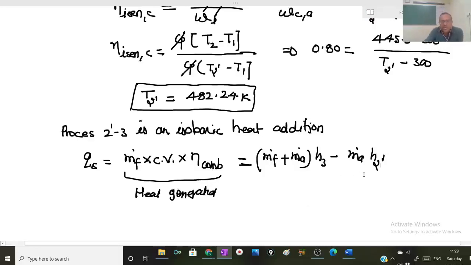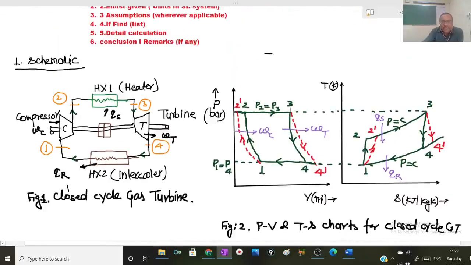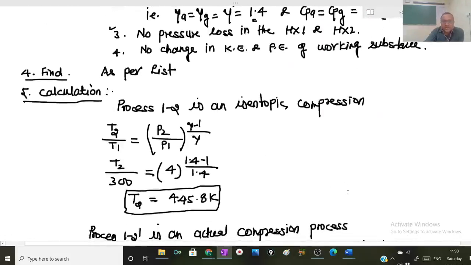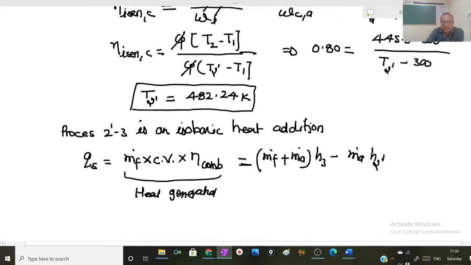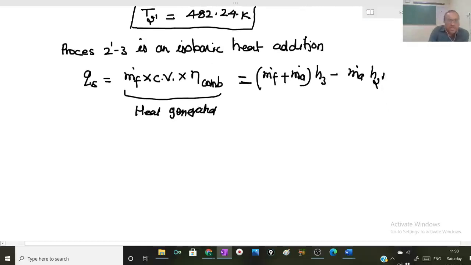So what is the logic behind this formula? The enthalpy at point 3 minus the enthalpy at point 2 dash will be the increase in enthalpy by the heat supplied in the heater. I have discussed this formula. Let's say this is equation number 1. It will also be required in later stages.